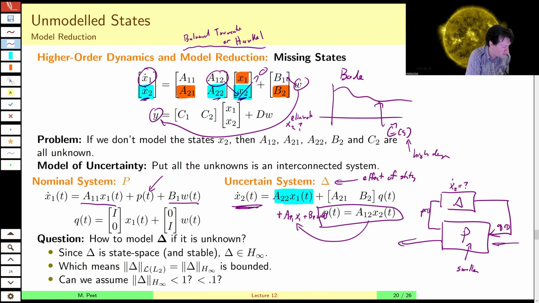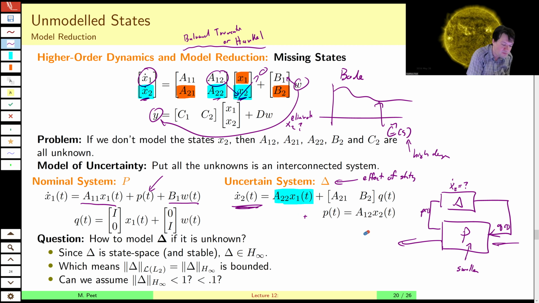Actually, I've done this wrong. No, sorry, my bad. I mislabeled things. My apologies. I've actually output the Q here. So instead of P, I should have made this P and made this Q. So that's a typo on this slide, or at least inconsistent notation.